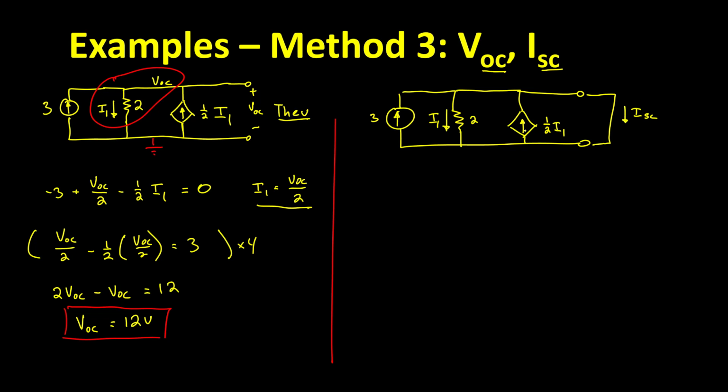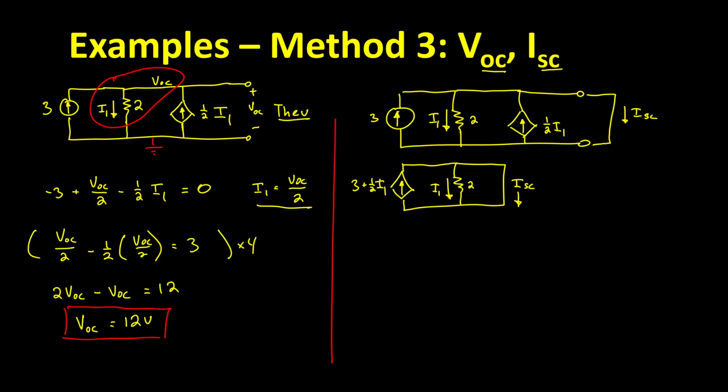But our sources are both moving in the same direction, so we could just as well combine those two into a single source that's 3 plus 1/2 I1. And then we've got this I1 source going down here. And our question is, what is our I short circuit here?